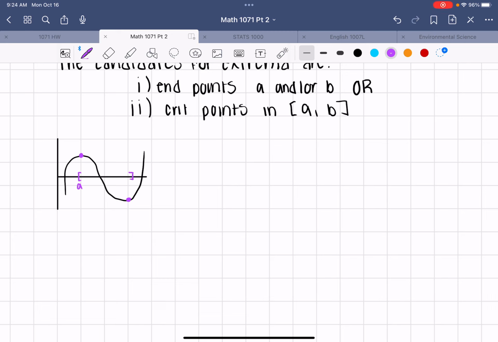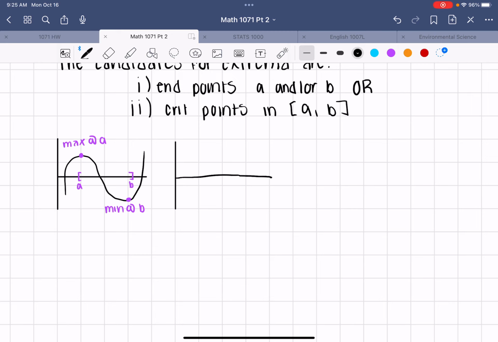And how about over here? Let's say that they went from, say A is there. So this is continuing on upwards. Say that your A is there, and say that your B is over here. So even though it's the same function, same graph, where your interval is influences the candidates.